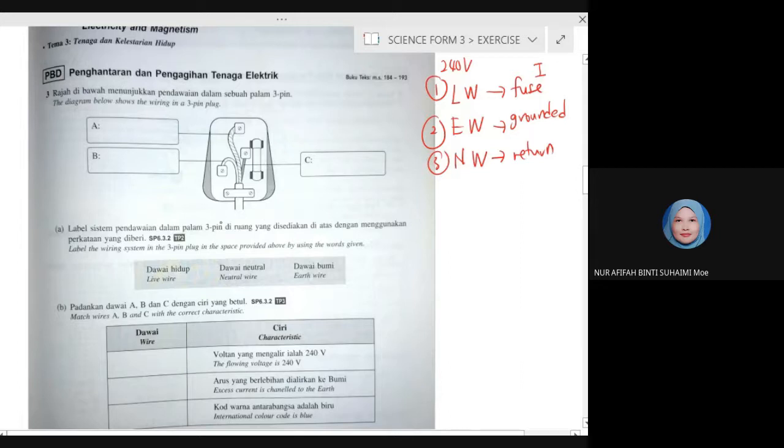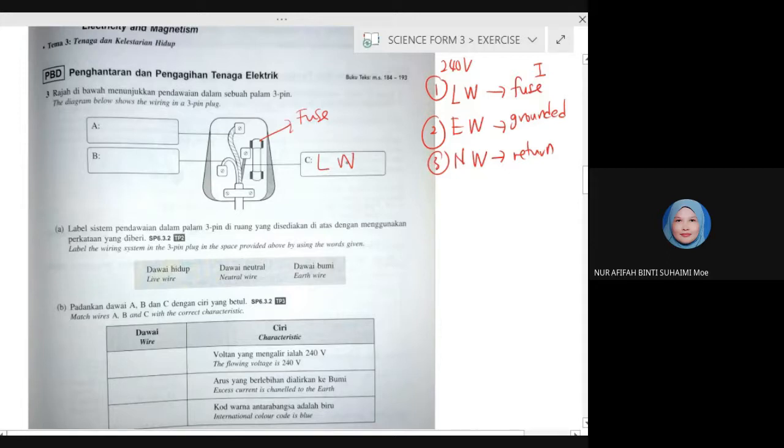Okay, so where is the position? Okay, what is A, B, C? I already informed you just now. Okay, live wire must be fitted with the fuse. We know this one is the fuse, controls the current. Okay, so this one is live wire. The spelling must be correct.